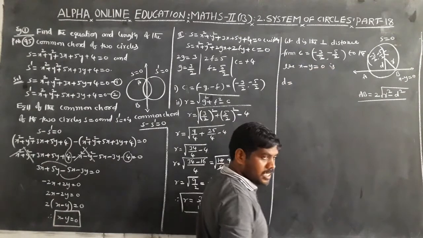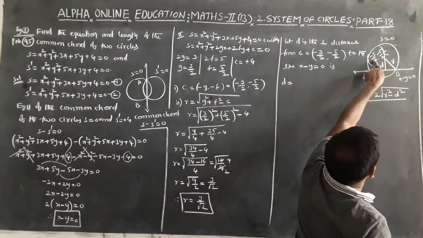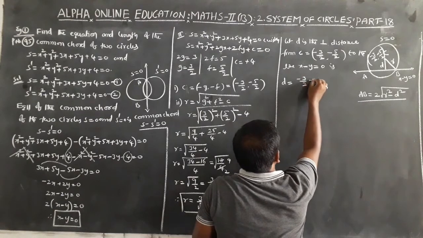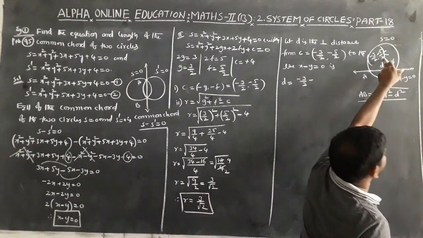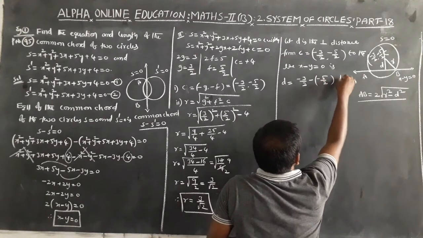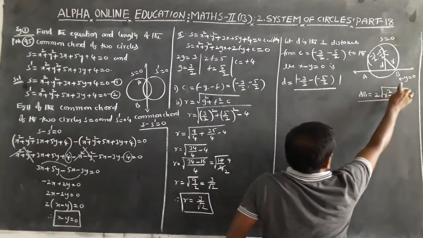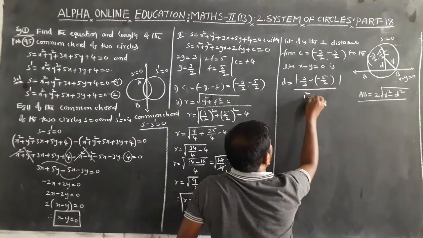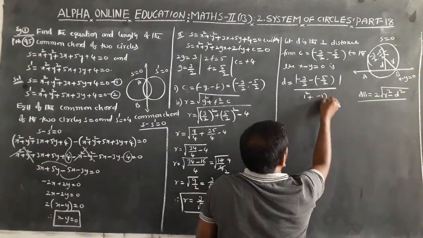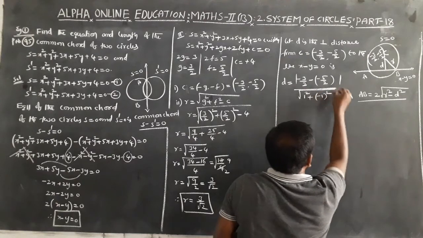D is equal to, substitute x is equal to -3/2, y is equal to -5/2, mod of that, divided by under root of x coefficient square 1 square plus y coefficient square (-1) whole square.